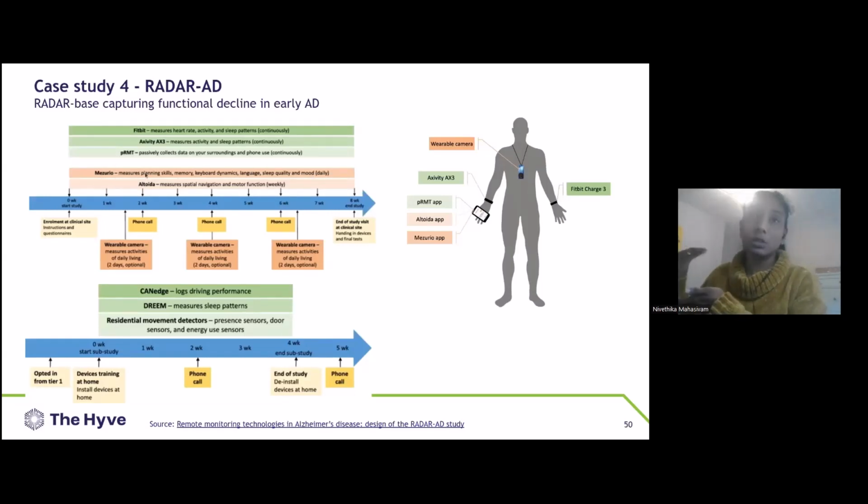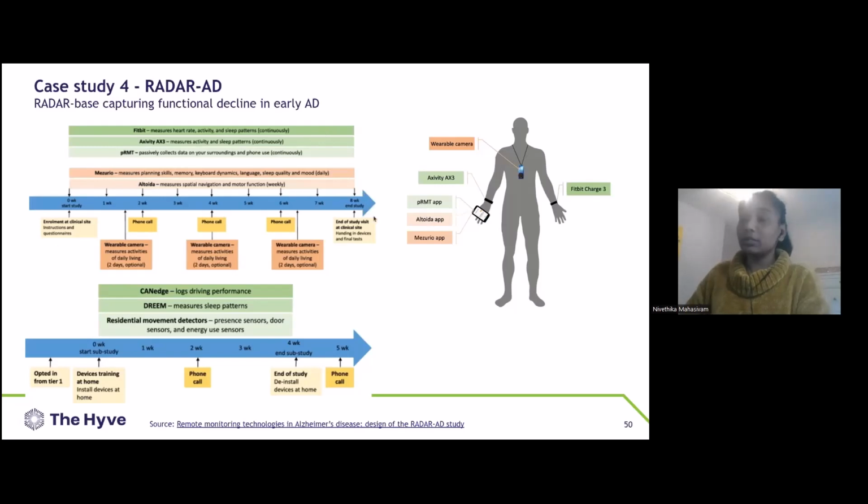It gives bi-weekly cognitive tasks that are specifically designed to analyze how well your cognitive functions are. And it will provide a score to tell how good you did. The Altoida is also similar. It checks the spatial, navigation, and motor functions of a particular participant. So these 2 are more aimed at Alzheimer's patients.